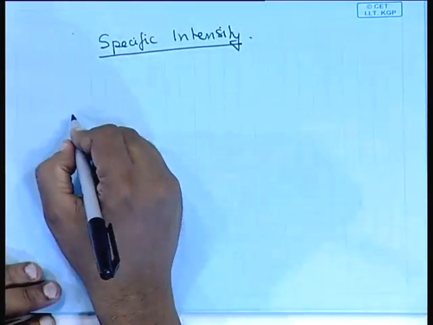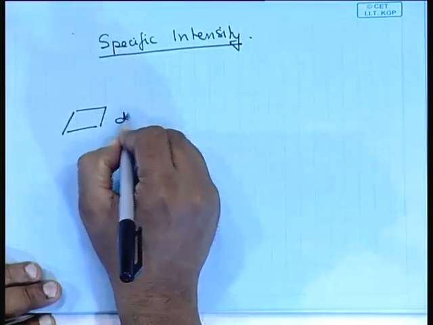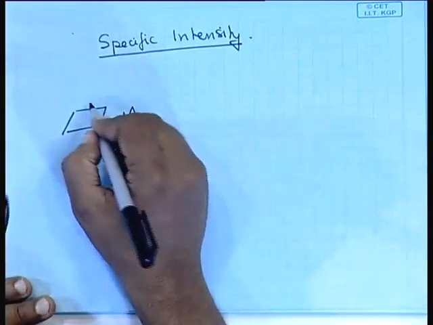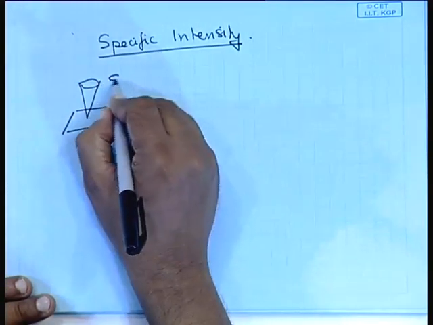this was defined as follows. We had a unit area or area dA, and the solid angle d omega.